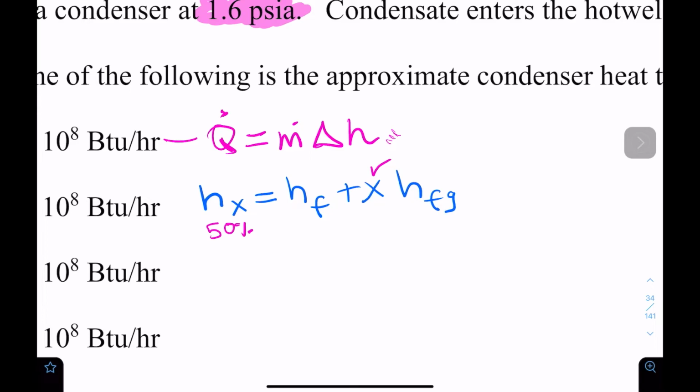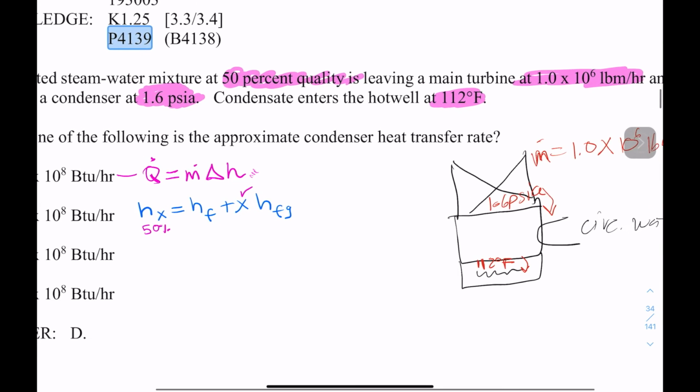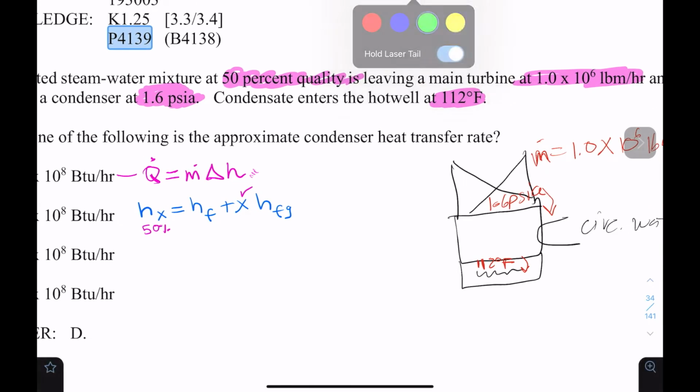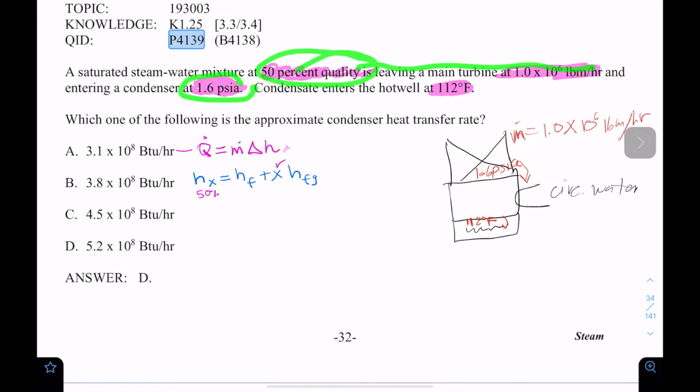So which one should I use? Because it's giving me this information, and I might get confused on this one, like, okay, do I use this part or do I use this one, right? In this case, what I have to use is what's entering here, because this is the part that is telling me it's 50% quality, leaving the main turbine and entering the main condenser, right? So this is attached to it.